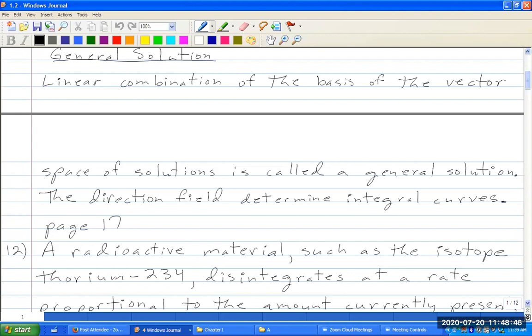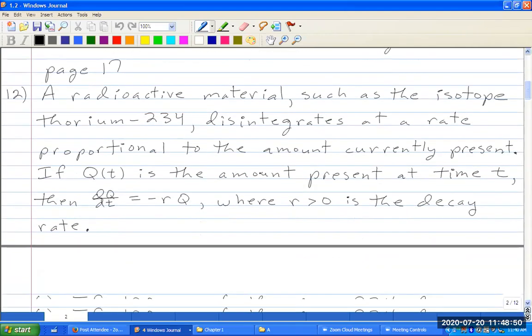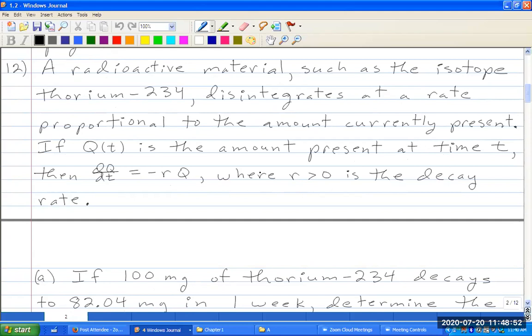Okay, so page 17. A radioactive material, such as the isotope thorium-234, disintegrates at a rate proportional to the amount currently present. If Q of T is the amount present at time T, equals minus RQ, where R greater than 0 is the decay rate.